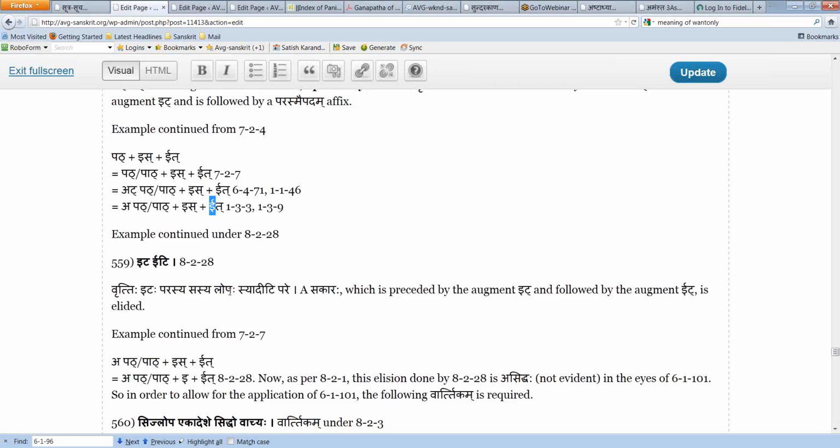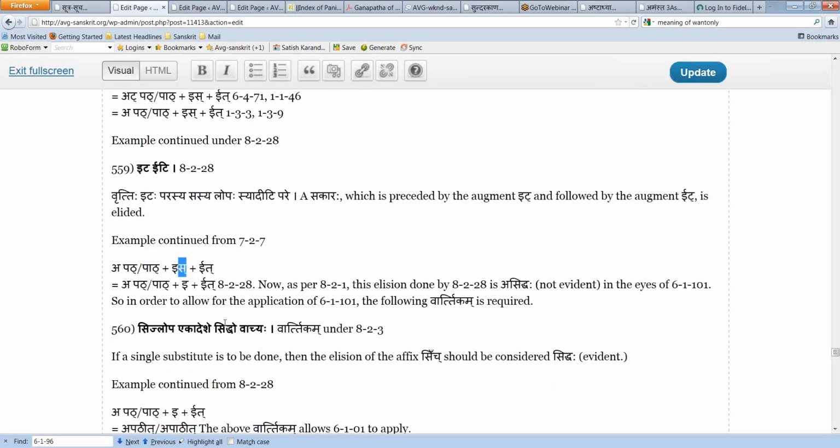Even though it says sasya, in the Mahabhashyam it says these sutras are really only for the sakara of sich. So a sakara which is of sich, preceded by the idagamaha and followed by the idagamaha, takes lopaha. So then we had a pat athva part is it, sakara lopaha, we get a pat athva part it.